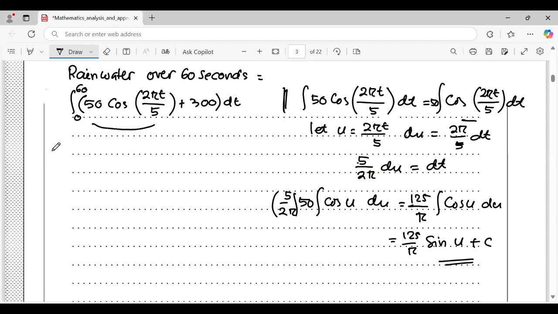That means this integral is from 0 to 60. The integral is 125 over pi sine u plus 3000 t.